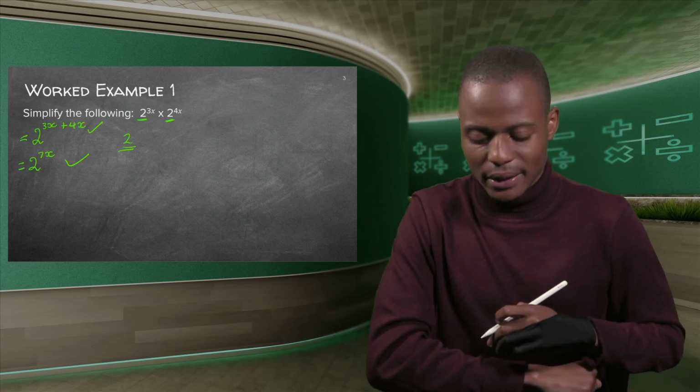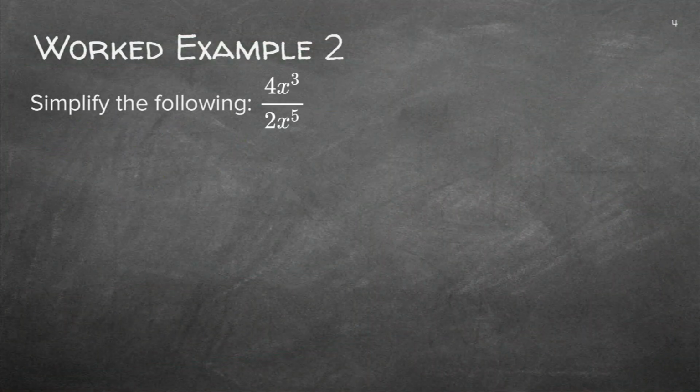Now let's do another example. Example number 2 says simplify the following: 4x to the power of 3 divided by 2x to the power of 5. The first thing, guys, that we do is simplify the numbers. So this is going to be 2.